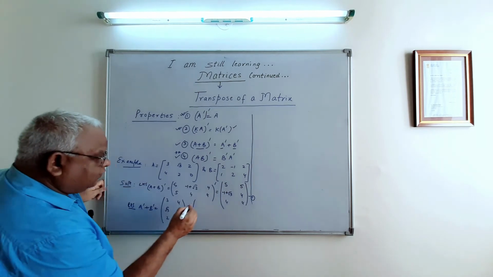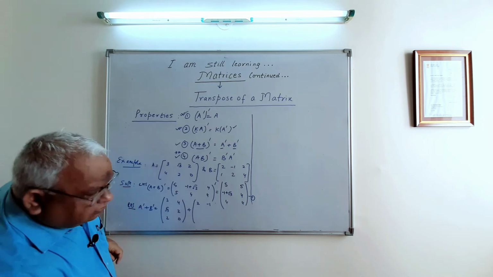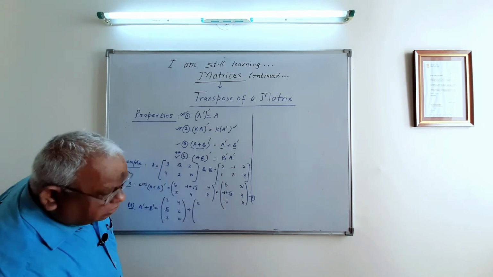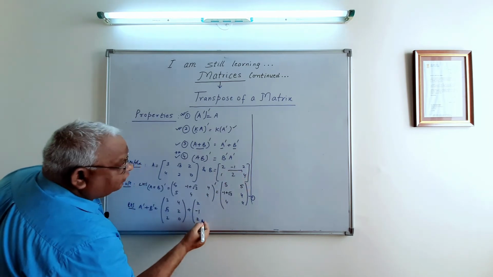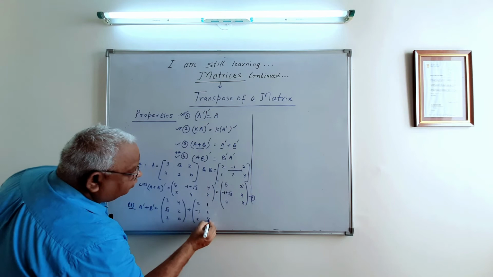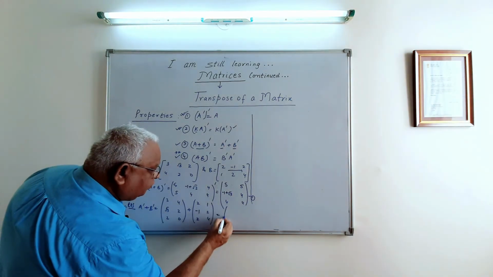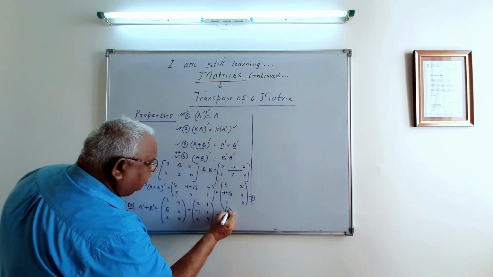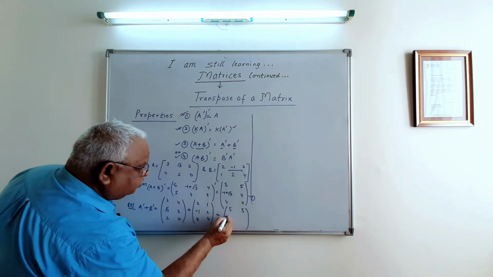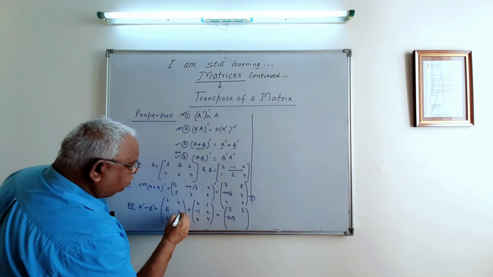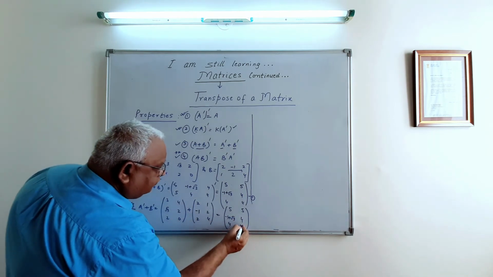And B transpose is 2, minus 1, 2. Sorry, first row will become the first column, and 1, 2, 4. So what is the answer? 3 plus 2 is 5. 4 plus 1 is 5. Minus 1 plus root 3, minus 1 plus root 3. 2 plus 2 is 4. 2 plus 2 is 4. 0 plus 4 is 4.